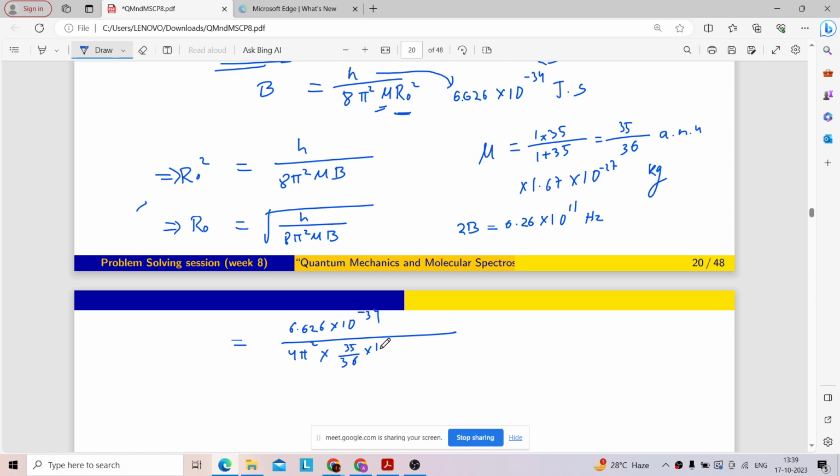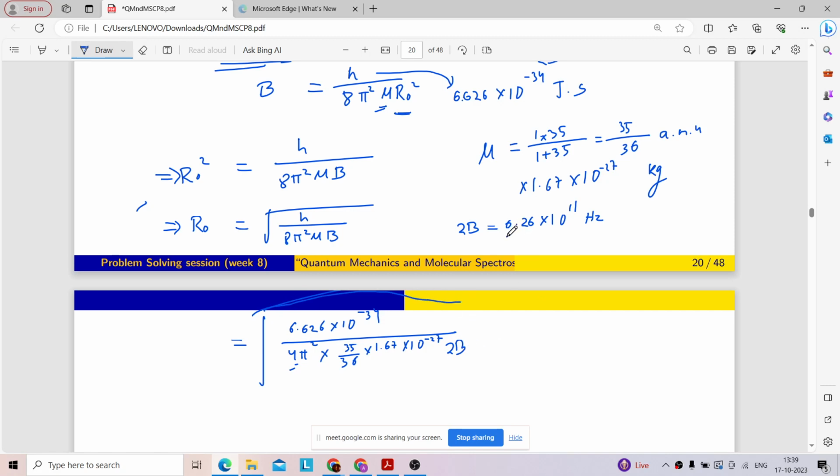Let me finish writing this. This will be 10 to the power minus 27, and 2B I have. So I can write 2B times 4π², right? And the root of all this.